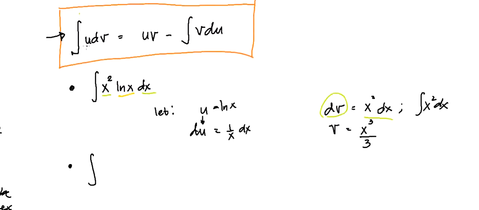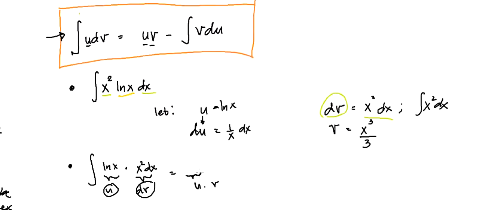Our u is the ln of x, and dv is equal to x squared dx. So the integral of u dv is equal to uv.